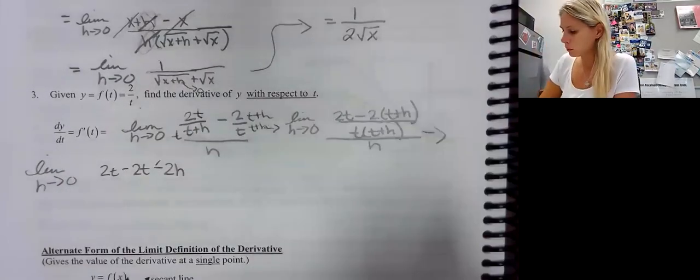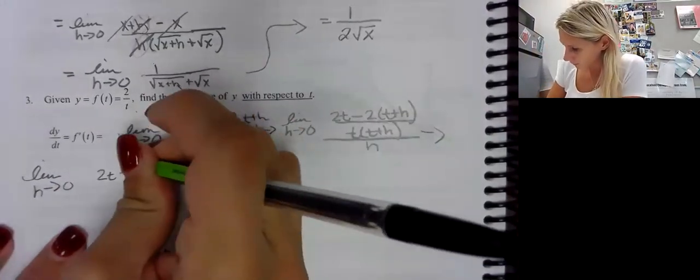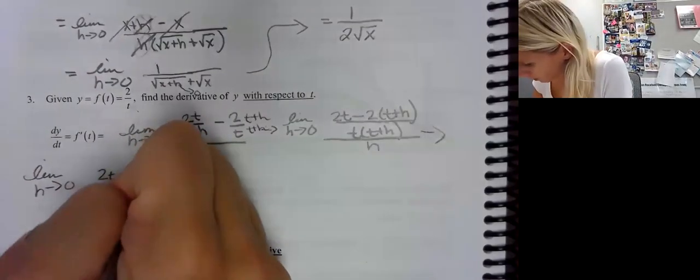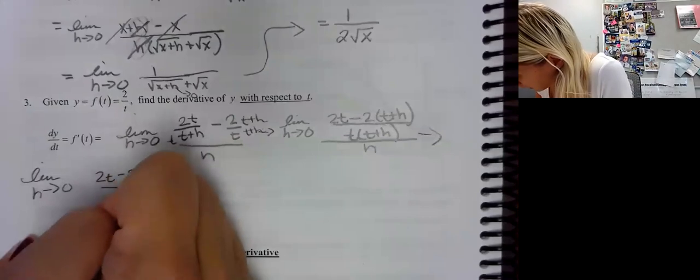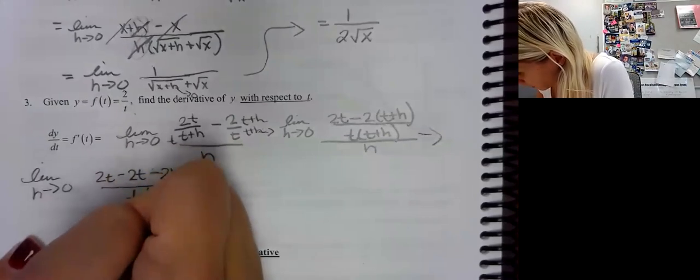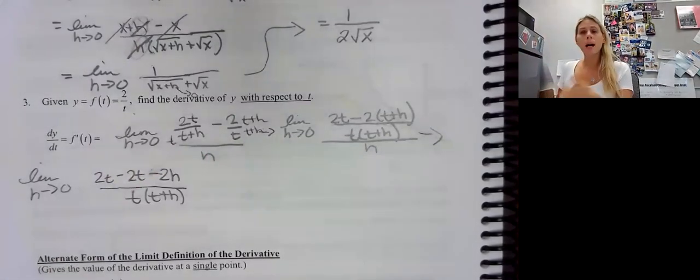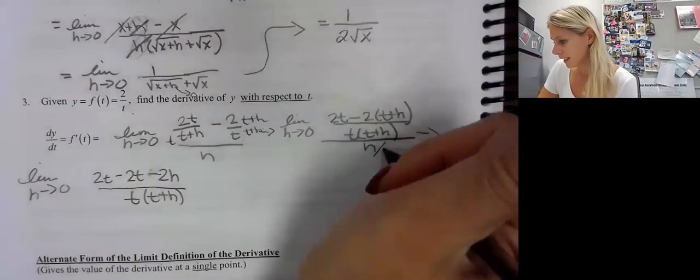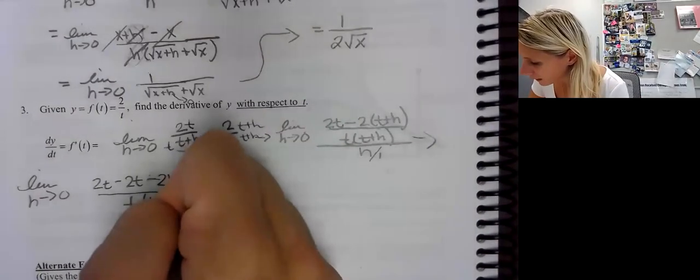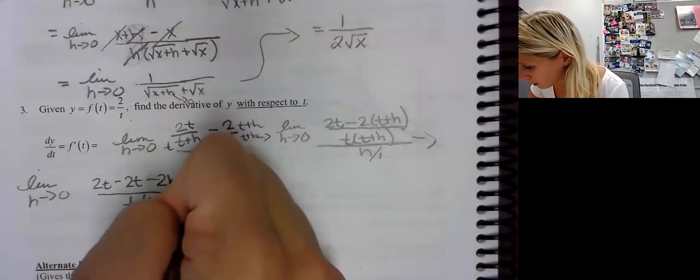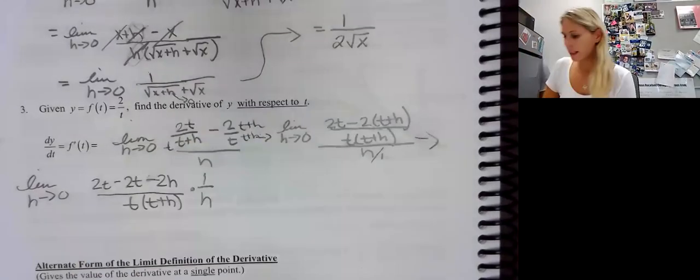Remember, it's minus because we're distributing the negative 2 out, all over t times t plus h. Now, dividing by a fraction, and h is h over 1, dividing by a fraction is the same thing as multiplying by its reciprocal. So this is like multiplying by 1 over h.